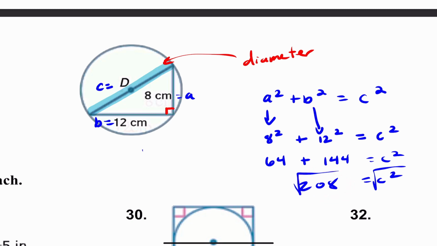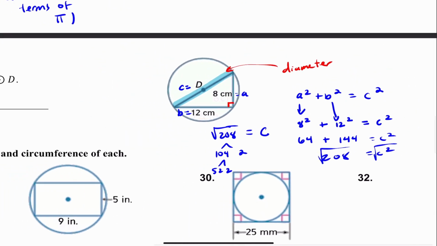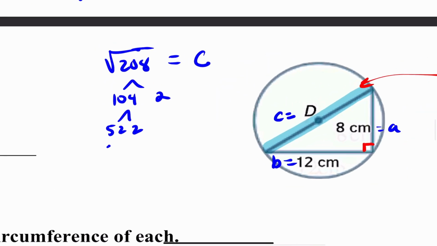Okay, so we have the square root of 208 equals C. So I would say 104 times 2, and then this would be 52 times 2, and then let's see, 52 divided by 2 is 26. I'm probably going to have to move this over here. So I can break down the 52, that's 26 times 2, and then 26, I'm going to break that down, that's 13 and 2.